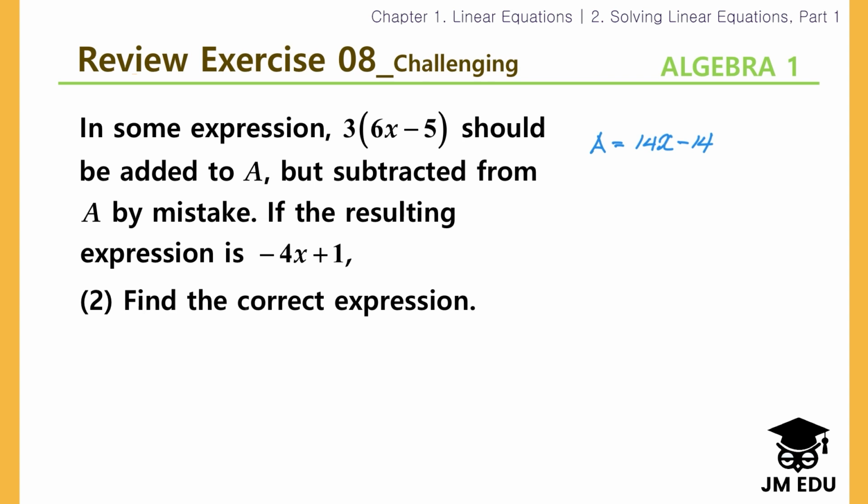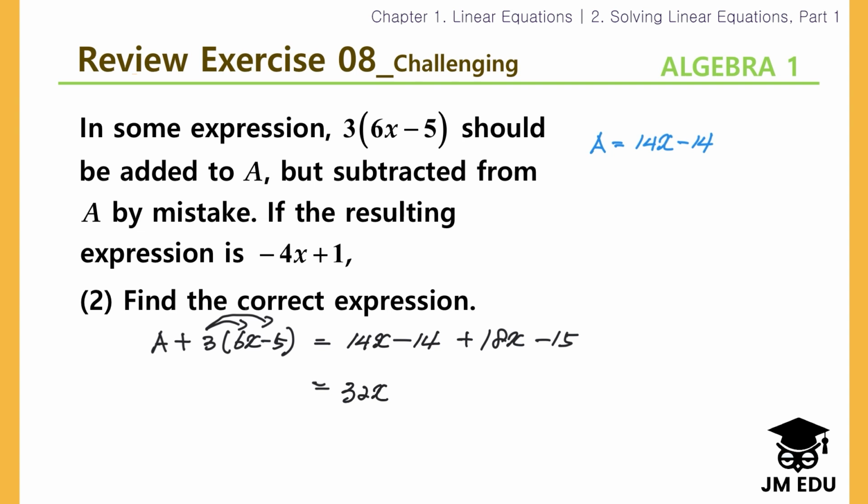So a plus 3 times (6x minus 5) is equal to, well, a is 14x minus 14, and we have 3 times 6x, that's 18x. 3 times minus 5, that's minus 15, right? So we have like terms, 2 x terms, 2 constants. So 14x plus 18x, that's 32x. Negative 14 minus 15, that's minus 29.